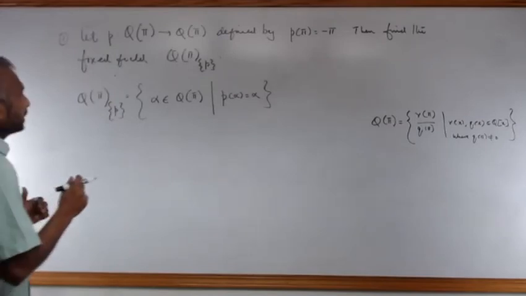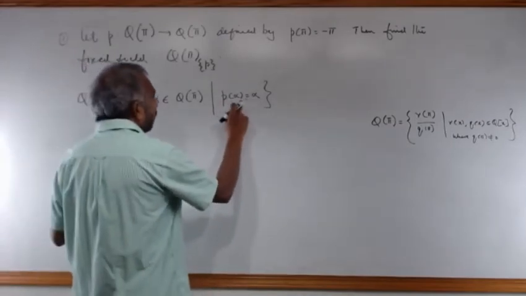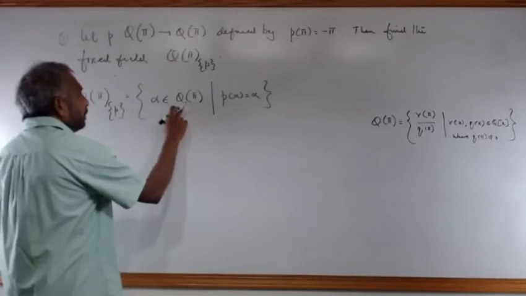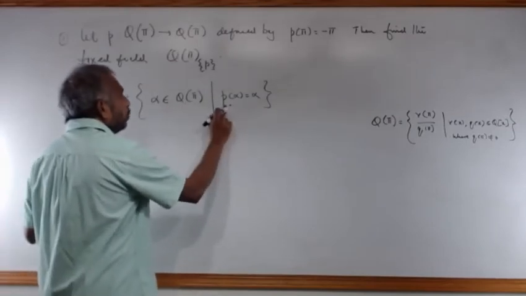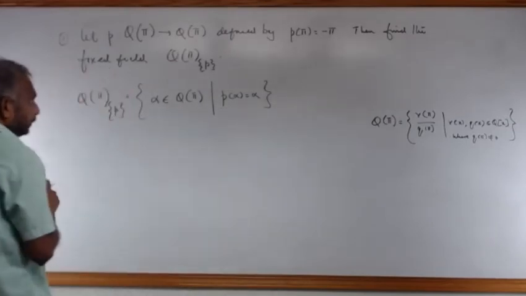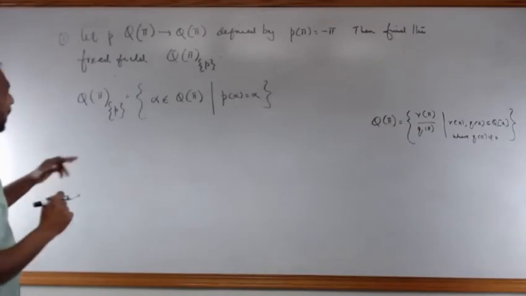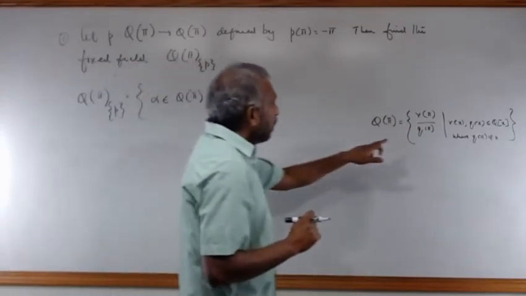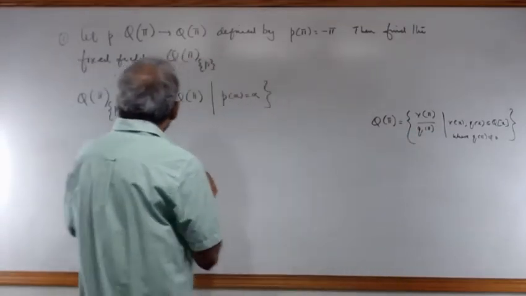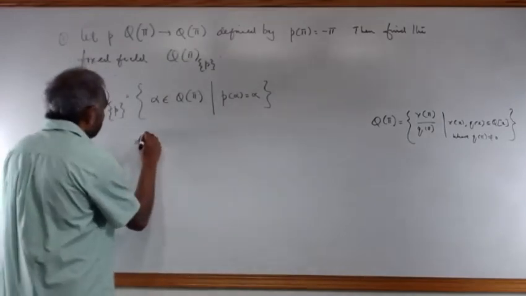It means that P does not move alpha. Those elements from Q of pi which are not moved by P. But any of this alpha is in this form.